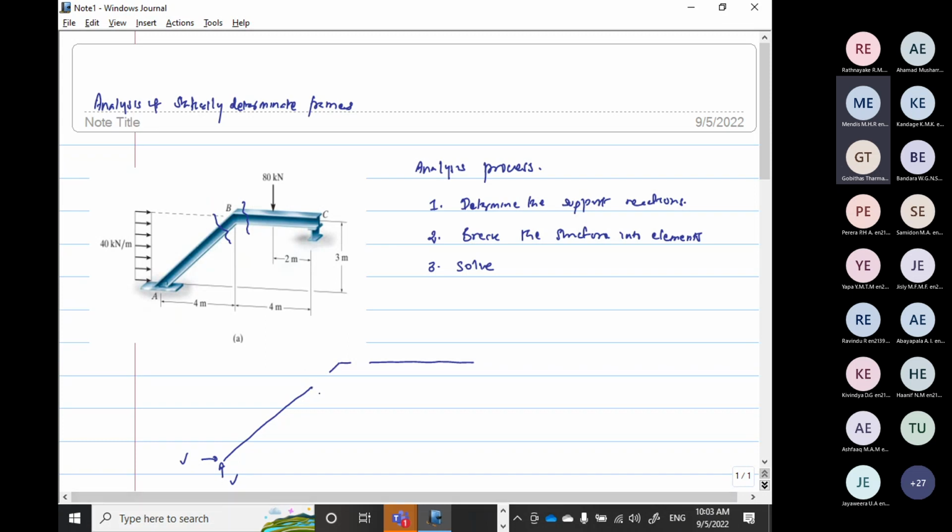Then you will have three unknowns here. You may have an axial force, a shear force, and a moment. All three will be there because it's a rigid section.